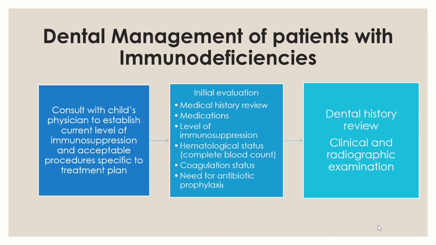After that, we will have to do clinical and also radiographic examinations. A complete head and neck extraoral examination, including cutaneous tissue, regional lymph nodes, and major salivary glands, should be performed. The extraoral examination should be followed by a comprehensive intraoral soft tissue examination as well as hard tissue examination together with an oral hygiene assessment.